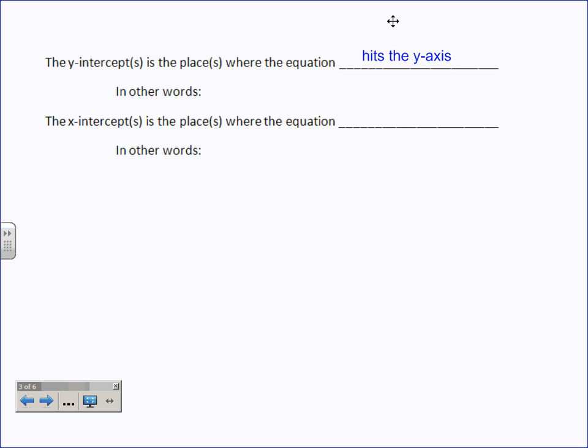Or sometimes I like to say, or in other words, if you're hitting the y-axis, what can you tell me? If you've got a graph and you know you're hitting on here somewhere, every single point on there has one thing in common. What's 0? Not necessarily. X is 0. X for those points is going to equal 0. It has to. If you're on this y-axis here, the x value has to be 0.